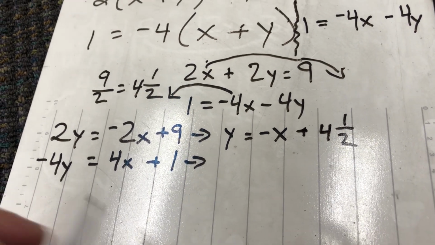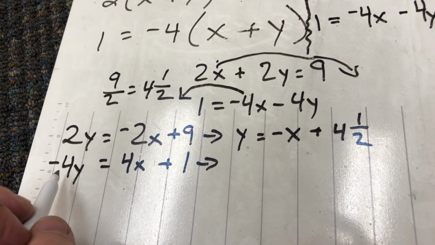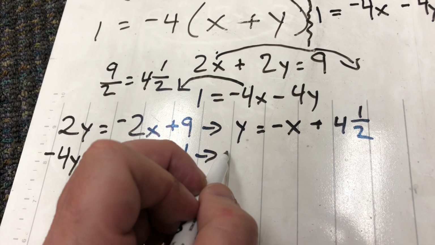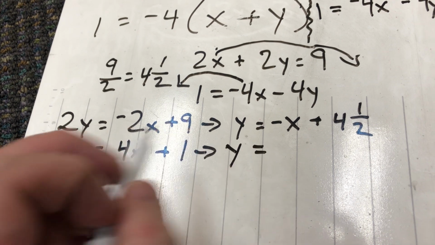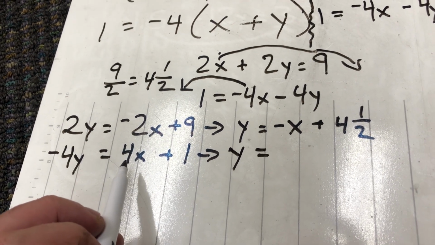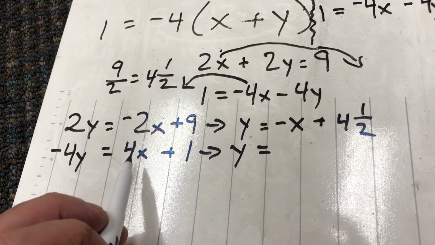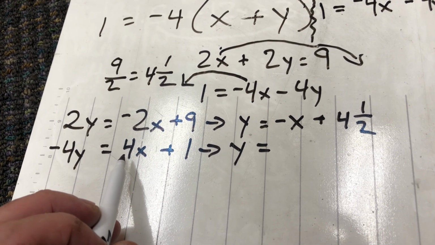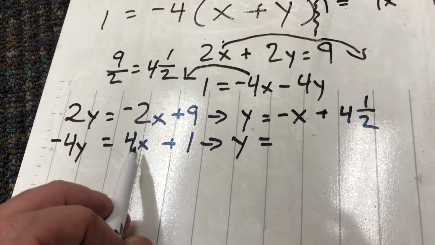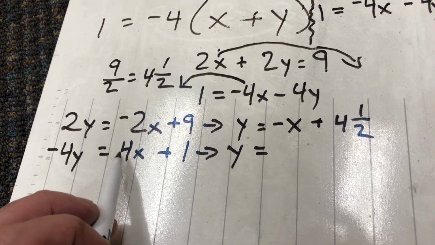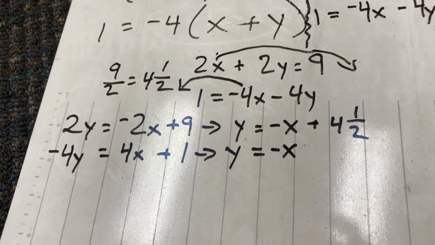So I'm going to make that plus 4.5. Now, for this one, to get y by itself, I've got to divide everything by negative 4. So negative 4y divided by negative 4 is just y. If I take a positive 4x and divide that by negative 4, that's going to be negative 1. I don't put 1 in front of a variable, so it's just going to be negative x, just like the one up there.